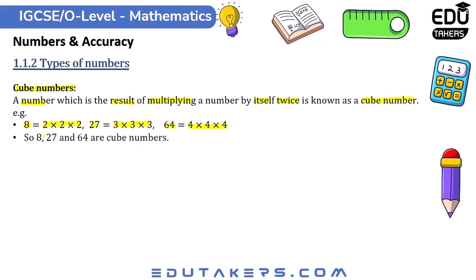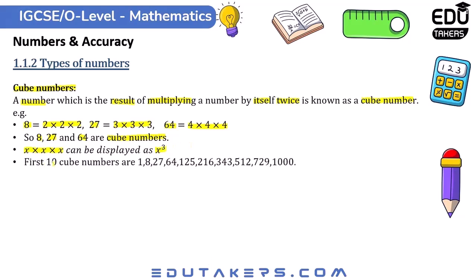So 8, 27 and 64 are cube numbers. We can write cube numbers as, let's say number is x, then x times x times x can be displayed as x cube. And first 10 cube numbers are 1, 8, 27, 64, 125, 216, 343, 512, 729 and 1000.